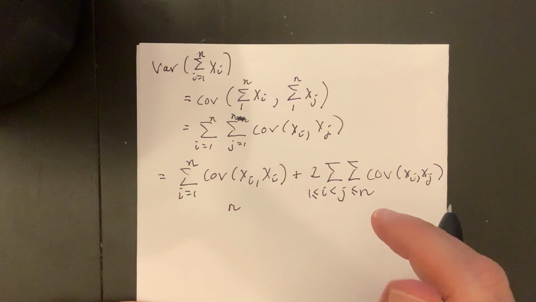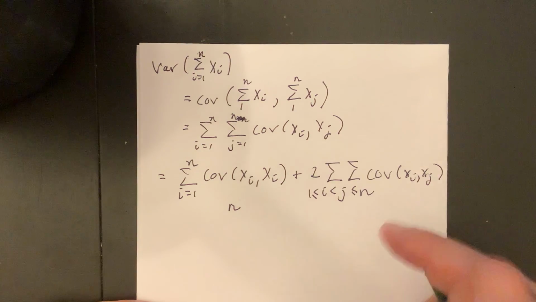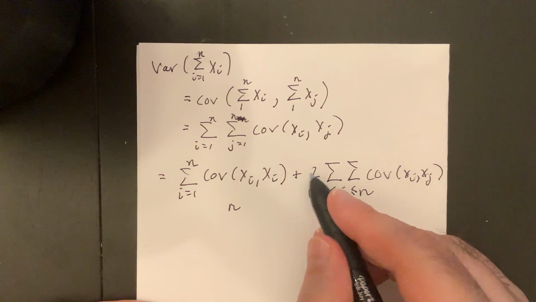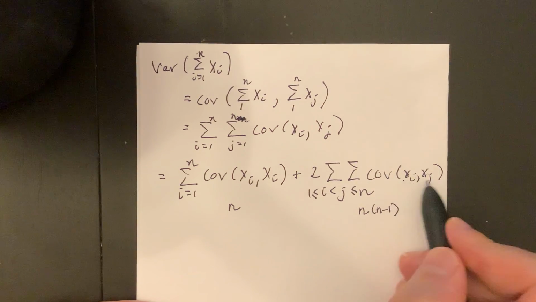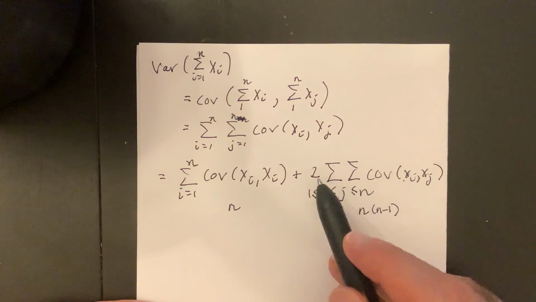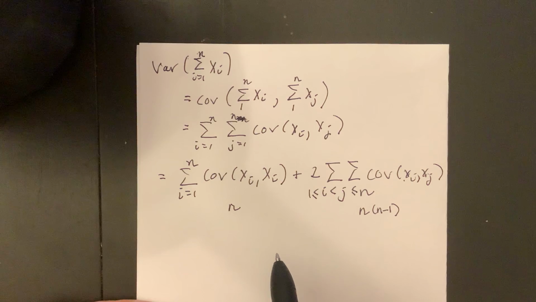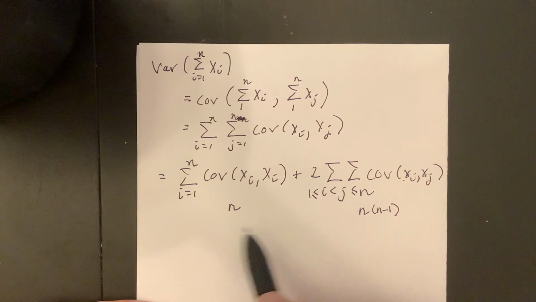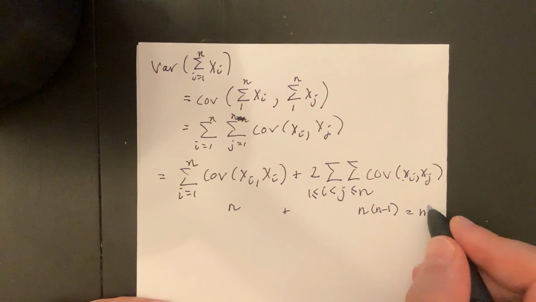And how many terms are here? This would be n times n minus 1 in total, counting the 2. One way to think about it is the pairs here are n choose 2, but then I'm multiplying by 2, so it's really n permute 2 that is the total number here. So when I add these up, I get n squared.